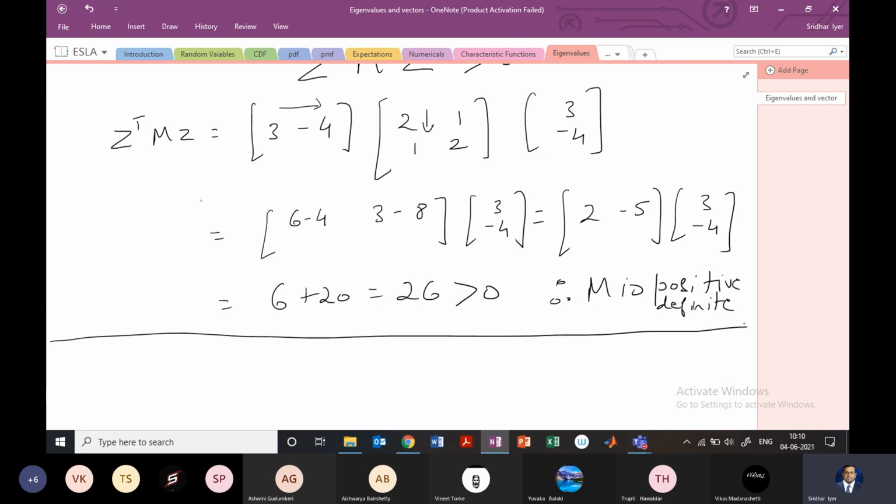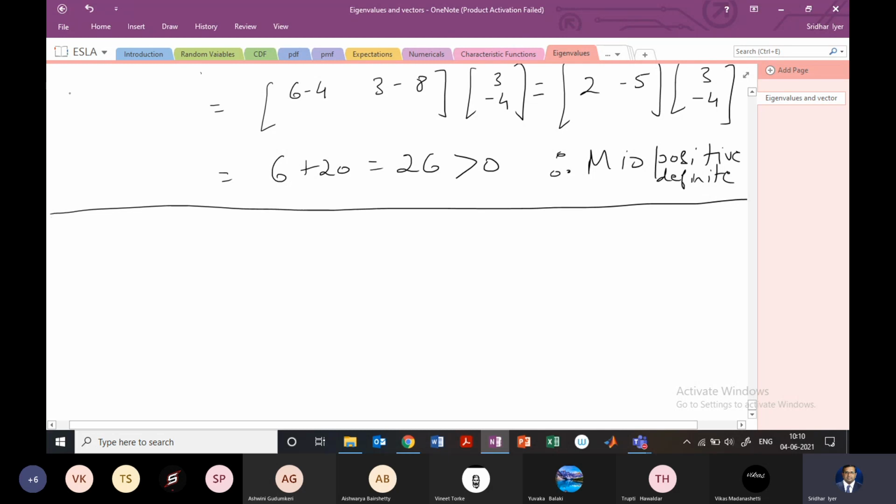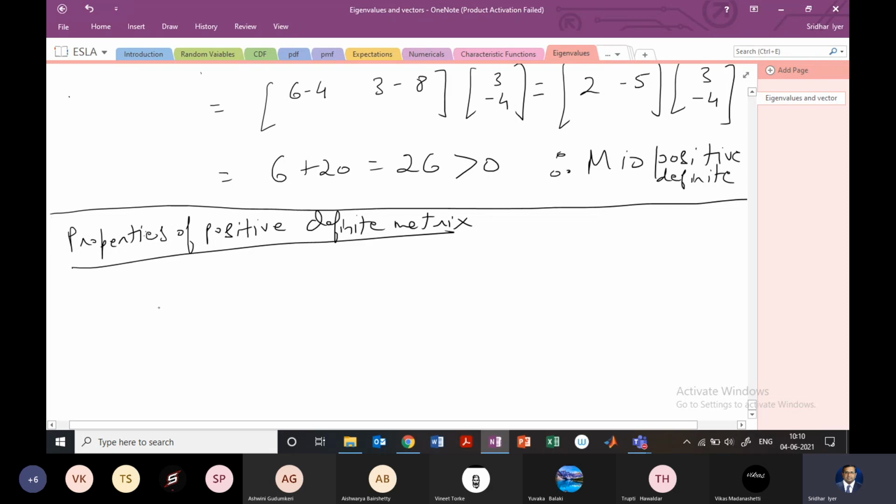So in terms of the properties of a positive definite matrix, there's actually just one property, and that property is that the identity matrix is positive definite.